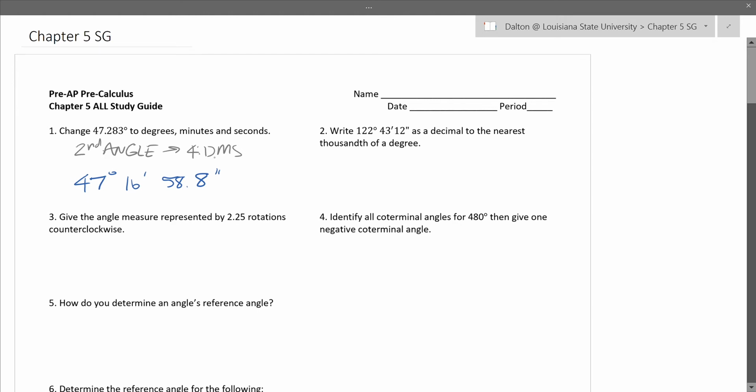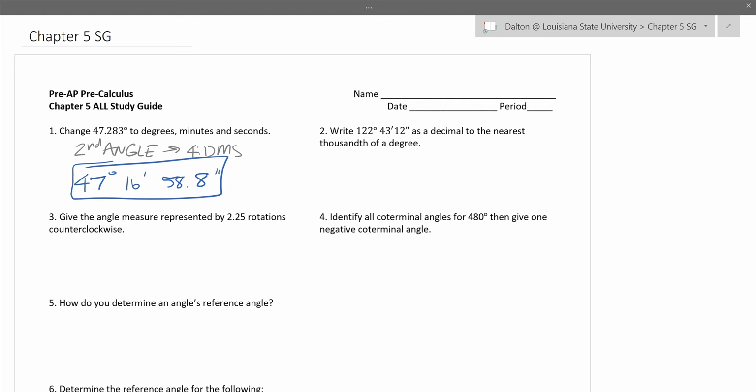Number 2 goes backwards. I give you degrees, minutes, and seconds, and I ask you for the decimal to the nearest thousandth of a degree. So for this one, there is no quick function. You literally just have to type in this expression exactly as you see it.